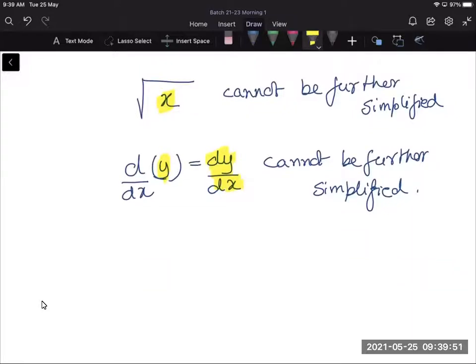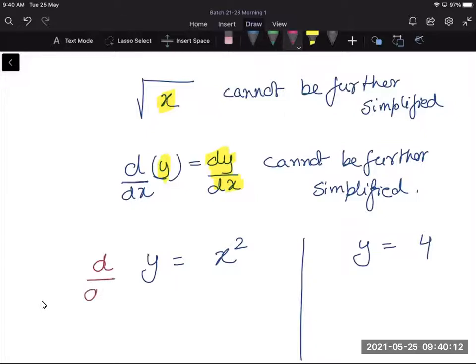So the way to think about this is that if y is equal to x square, and I'm going to draw a parallel here, y is equal to 4, then what you can do is apply an operator, because we have an equation.